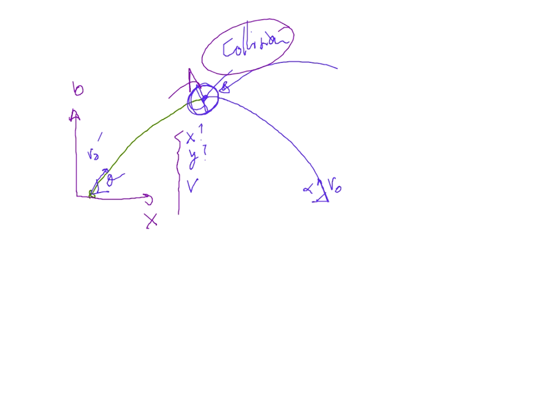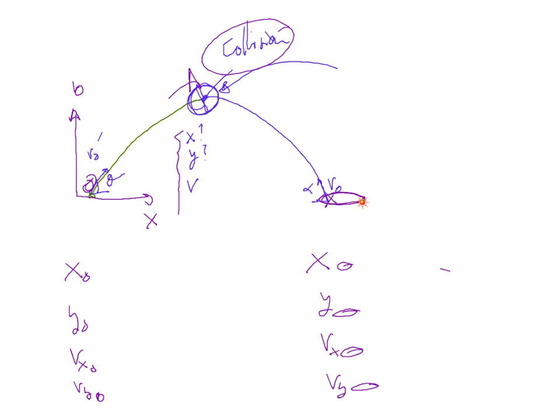What do we know between the set of equations of this object, x, y, vx, vy, of object, say, O, and the other object? I have two objects, an ellipse and a little ball. What's special at the instant of impact, or at the state of impact, that allows you to relate all those variables with each other?